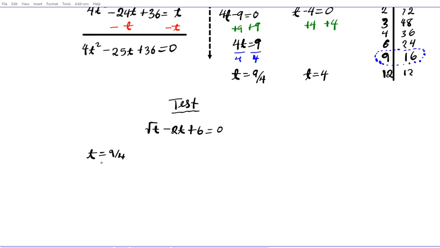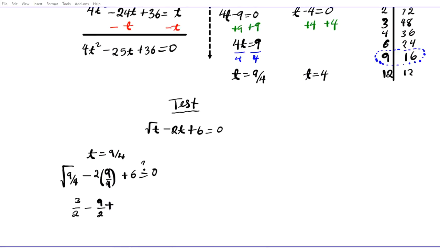In other words, if I substitute 9 over 4 into this equation, do I get a true statement? The question is: root of 9 over 4 minus 2 times 9 over 4 plus 6, is it equal to 0? Let's simplify this. This becomes 3 over 2. When we multiply this, 2 goes here twice, so we have 9 over 2.